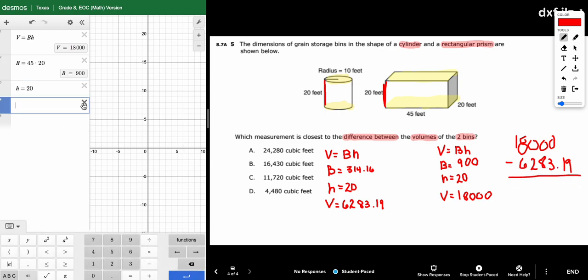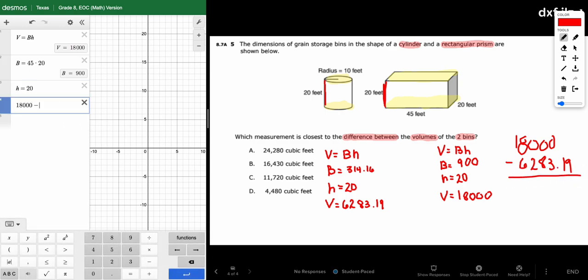And we can just use our Desmos calculator, 18,000 minus 6,283 and 19. And that gives us a difference of 11,716 and 81 hundredths. And so while that answer is not here, remember it says which measurement is closest. So C is the closest amount.